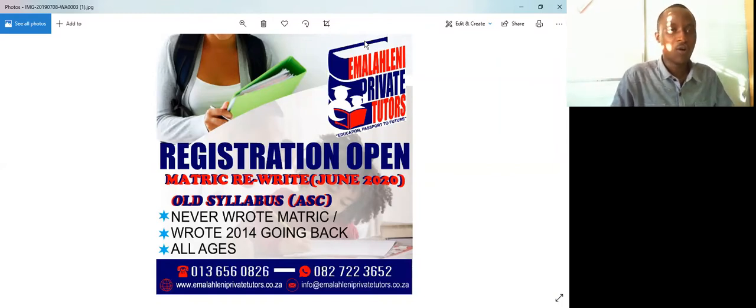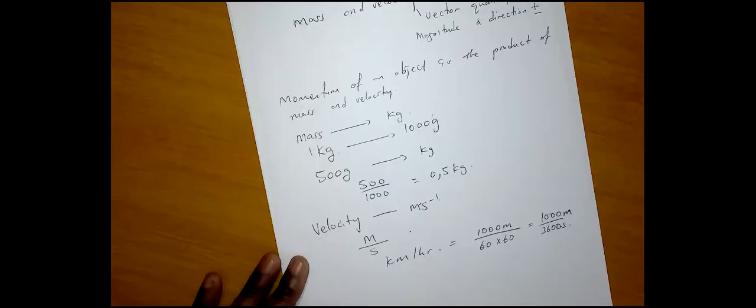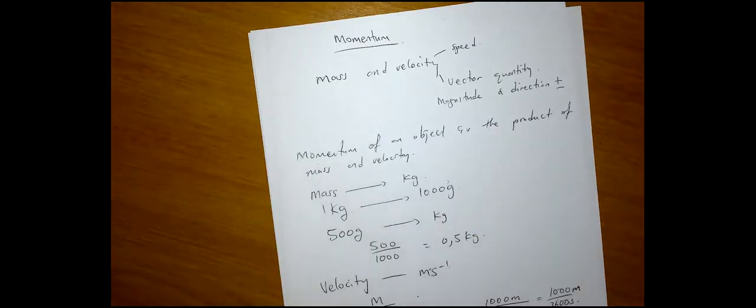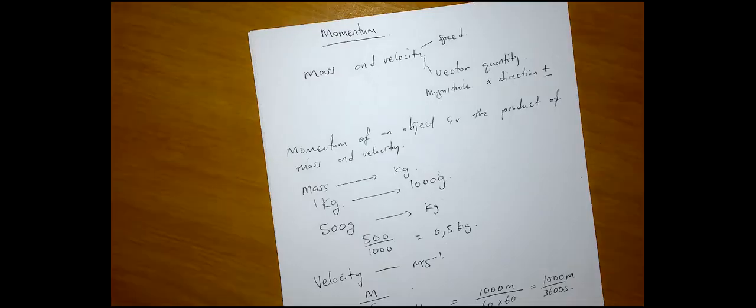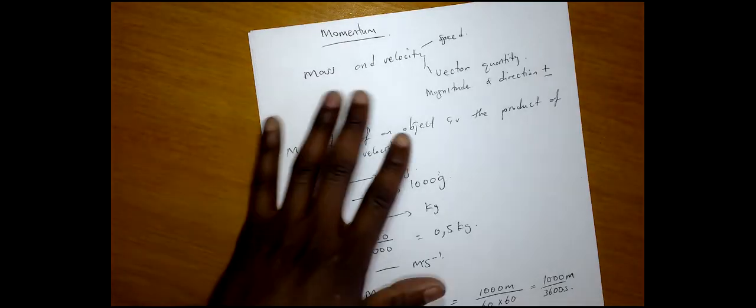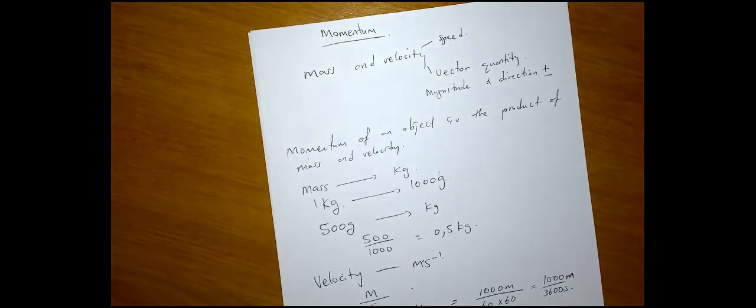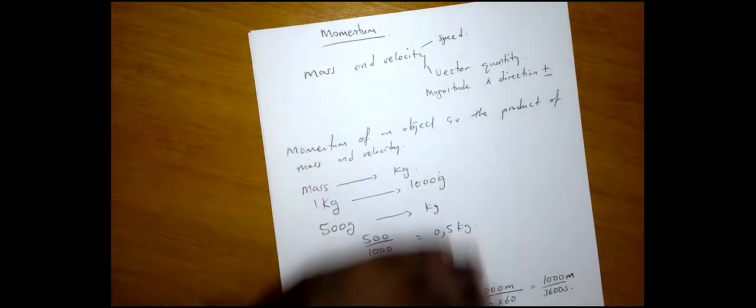Let's see what I'm talking about here. Momentum is for all objects with mass and velocity.